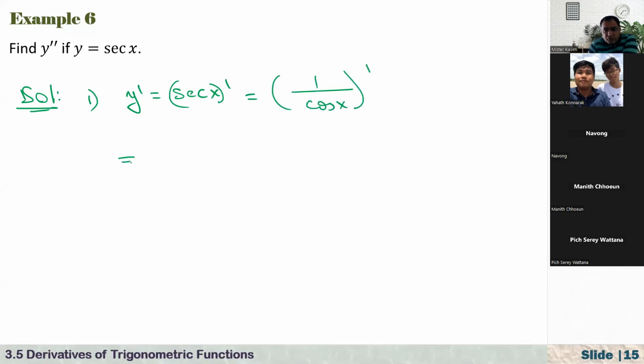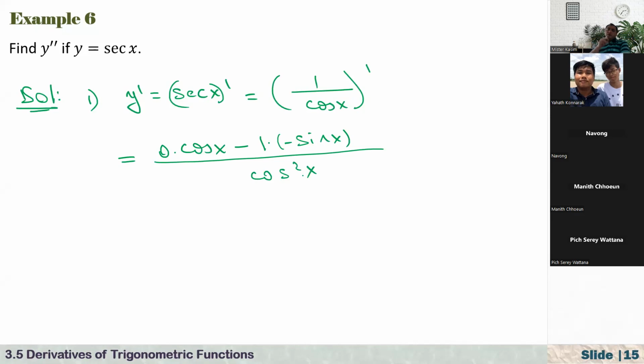By using the quotient rule, the derivative of 1 is equal to 0. 0 times cosine of x, minus 1 times the derivative of cosine, that's minus sine of x, over cosine squared of x. 0 times cosine of x is equal to 0, and negative times negative 1 is 1. So here we have sine of x over cosine squared of x.